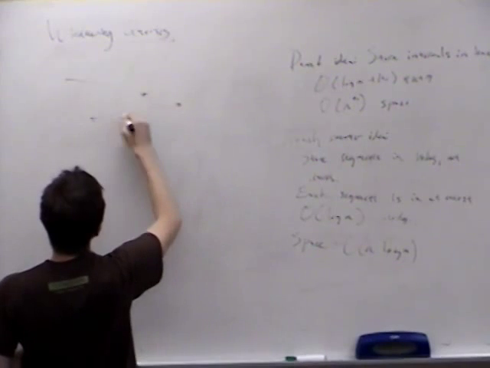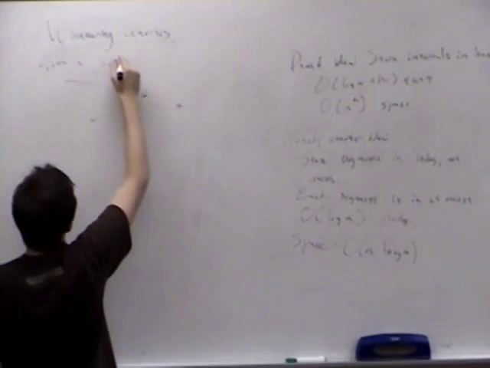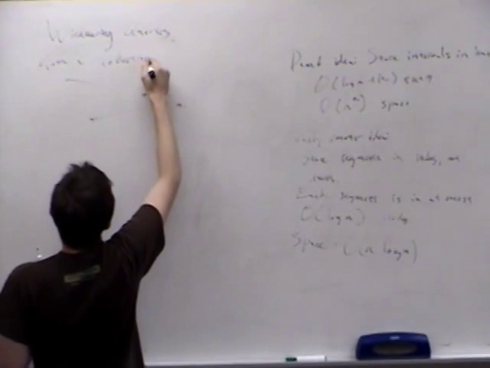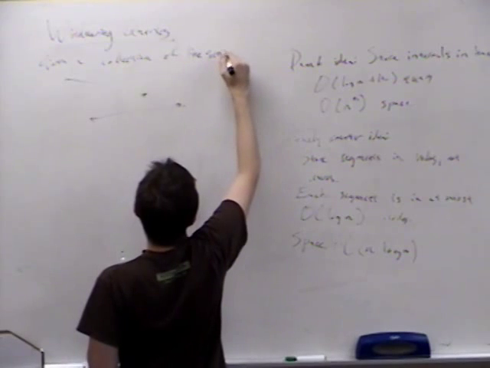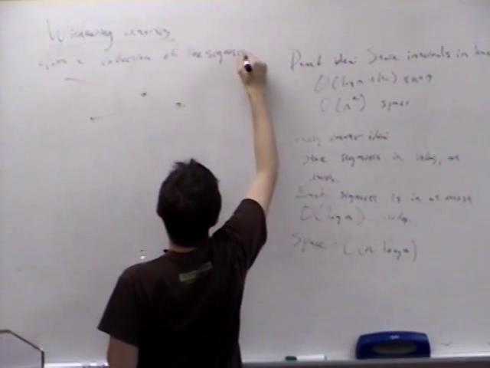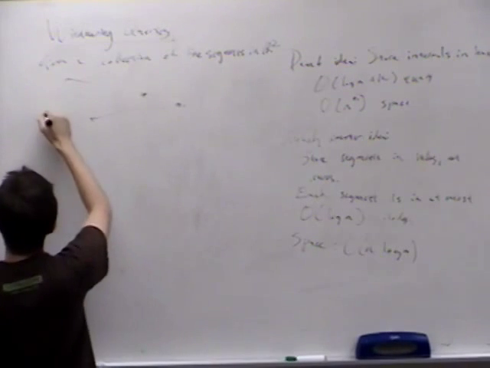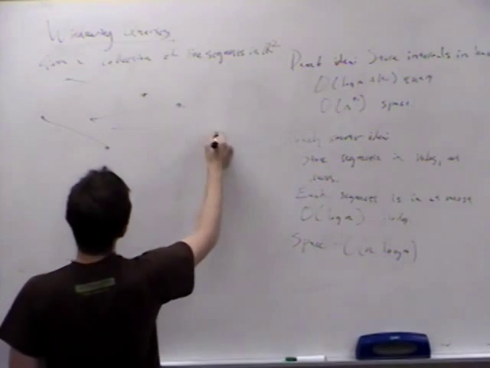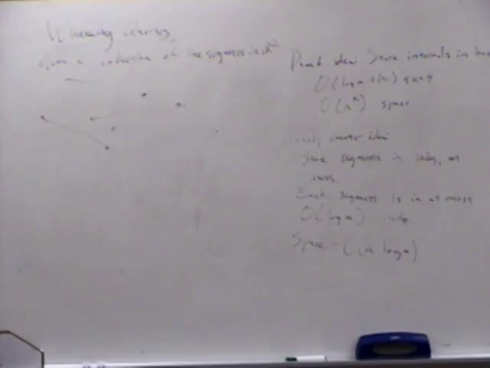Again, we're back to segments. So we're going to say, given a collection of line segments in the plane, what we would like to do is to pre-process these line segments so that we can support windowing queries.